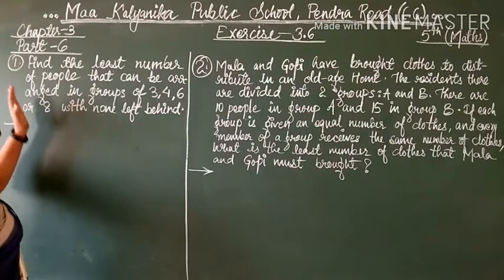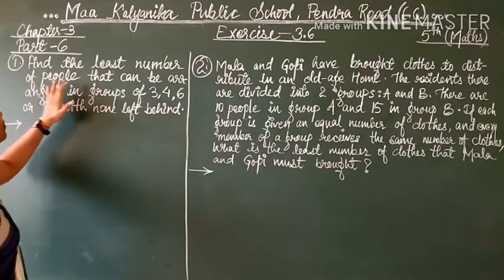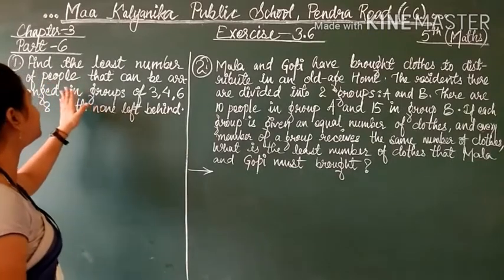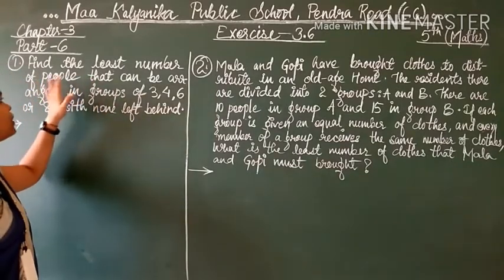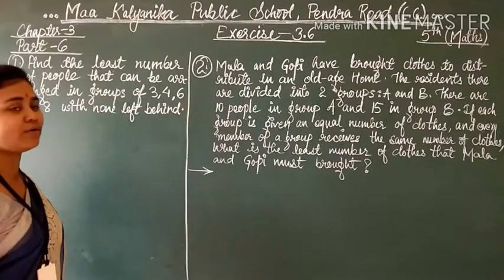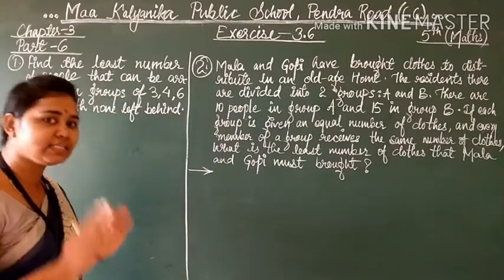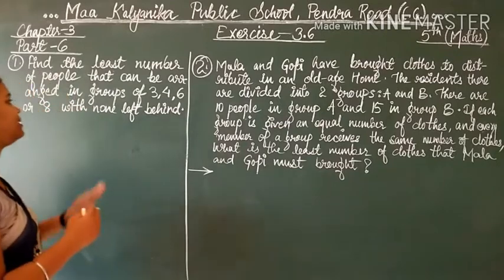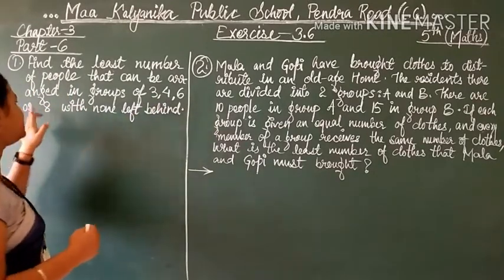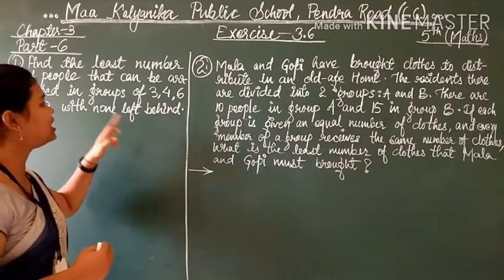The first question is: find the least number of people that can be arranged in groups of 3, 4, 6 or 8 with none left behind.